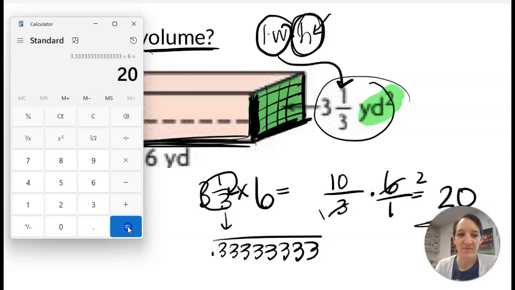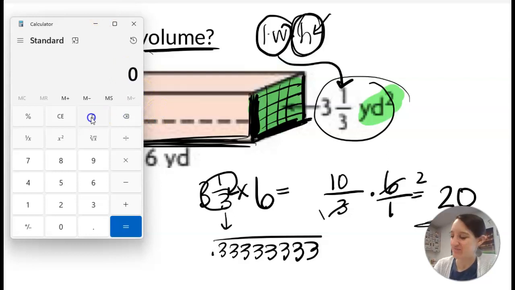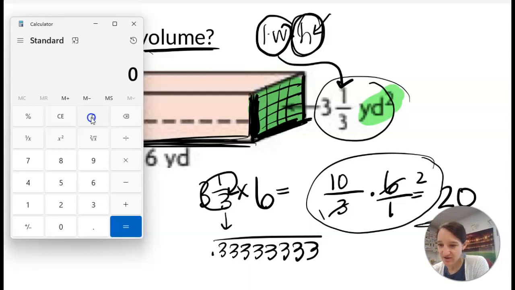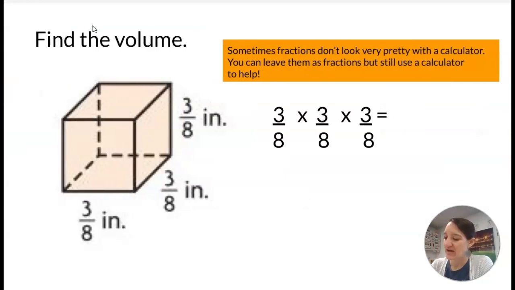So that might be good. But if you just do 3.3 times 6, it's not going to get you quite to 20. So you can either put lots of 3's in and see if it works for you, or you can just do it because you do know how to multiply fractions. So the correct answer is 20 yards cubed. You can put 20 cubes inside of there.